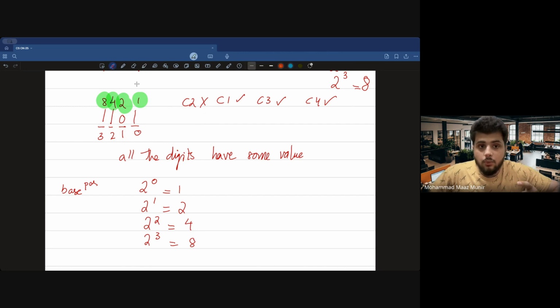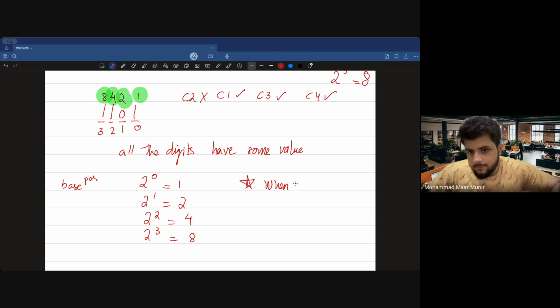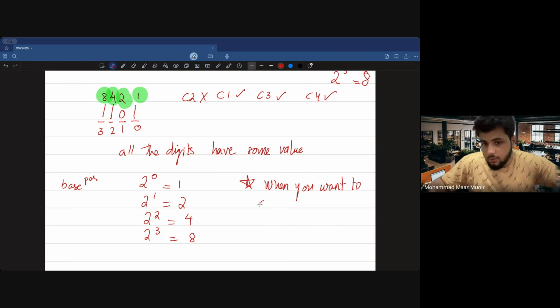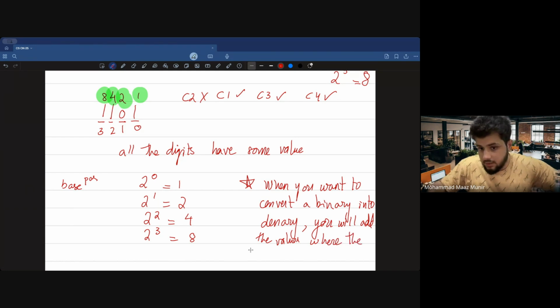Now, when I want to convert the zeros and ones, it's important that when you want to convert a binary into denary, you will add the values where the binary is 1.